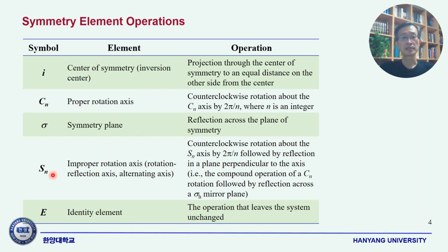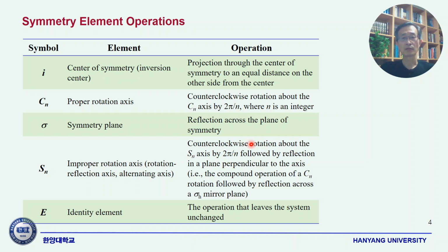Okay, Sn, the improper rotation axis, which has 2 compound symmetry operations. Actually, the Cn operation, and then a reflection perpendicular to the Cn axis. So we call this in another way the rotation-reflection axis or alternating axis. Those are the same term. Designate this Sn or improper rotation.